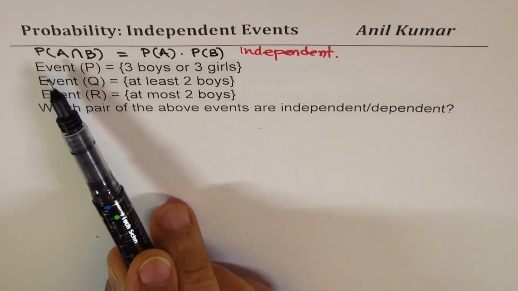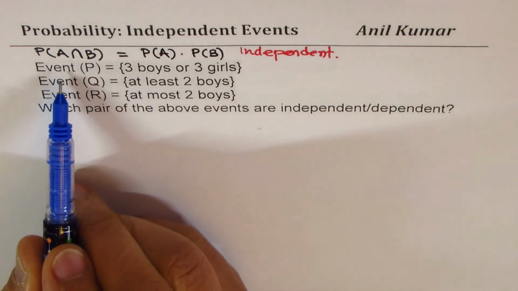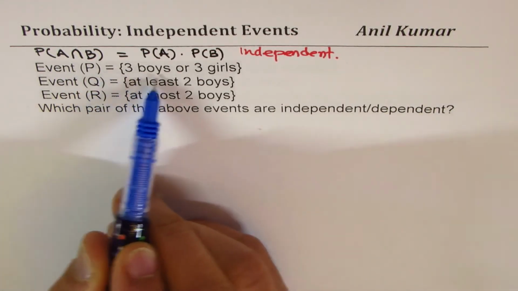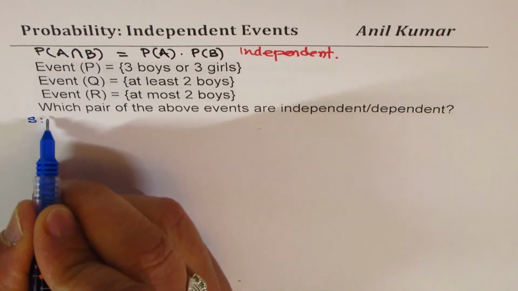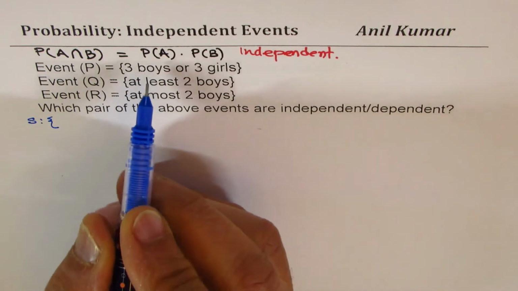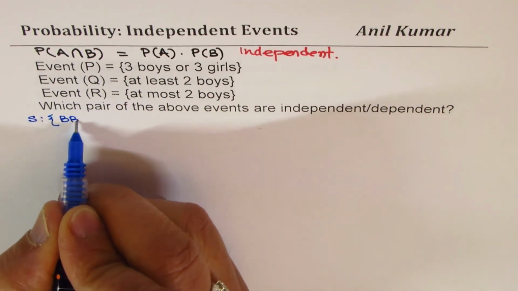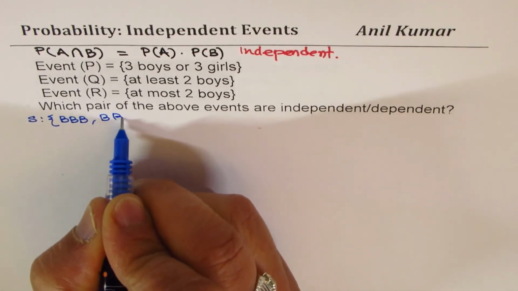So now let's revisit this. We'll again get to the possibility of sample space. What are the combinations? So the sample space, as we just saw, was 3 boys or 3 girls. We could have 3 boys. We could have a boy, boy and a girl.